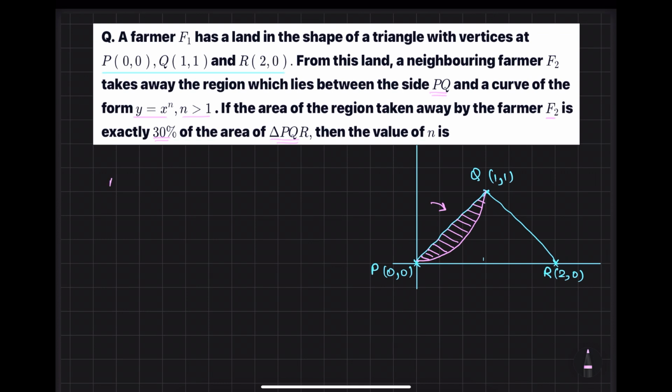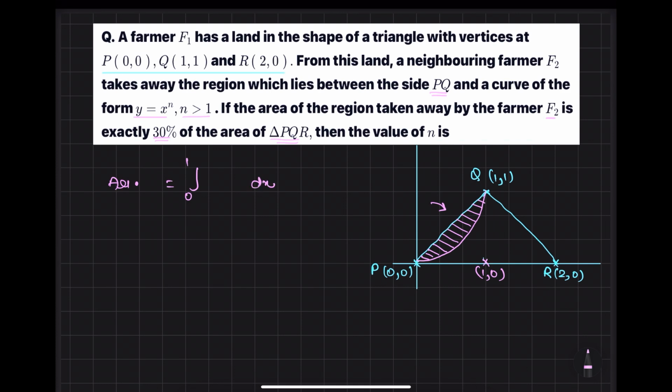Suppose that we need to find out the area of the shaded region. So you know that we have to integrate till 1 only. We will go with the dx. So we have 0 to 1 and then we have dx.